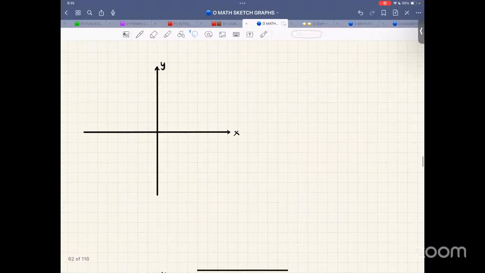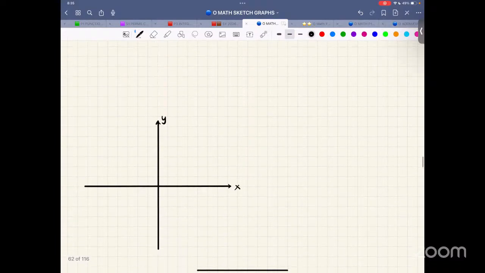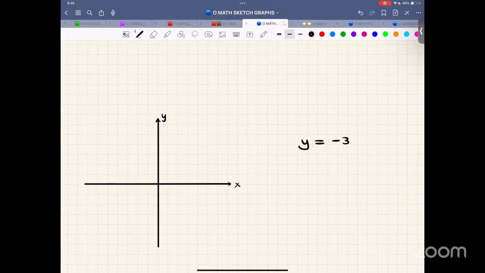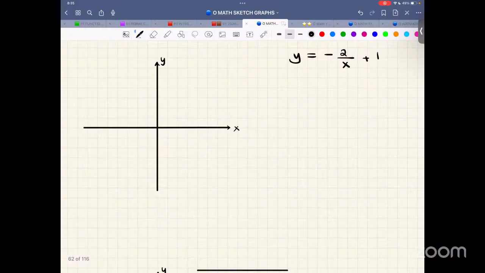So now, what if I draw y equals -2 over x plus 1, and y equals -3 over x minus 1? First of all, just focus on that plus 1. Grab your green marker. Plus 1, let me draw it like this.